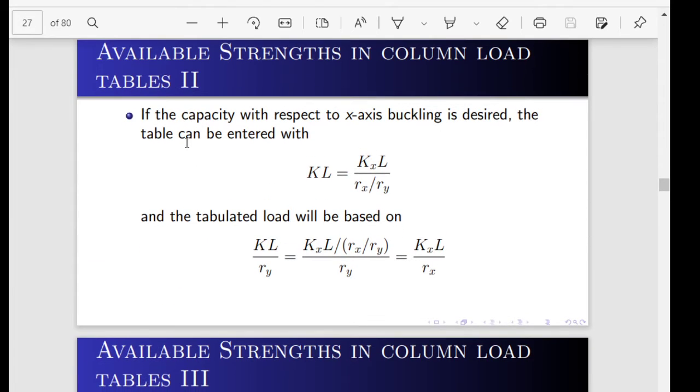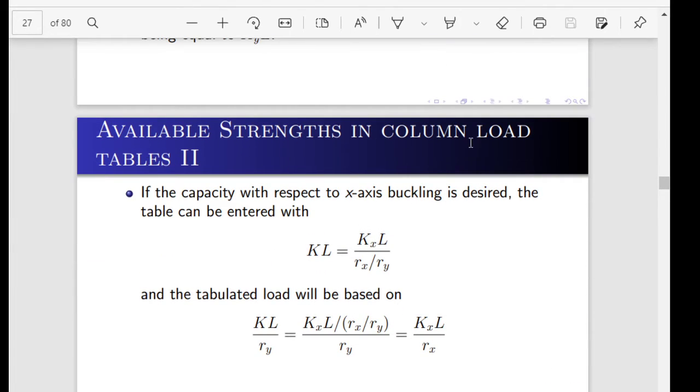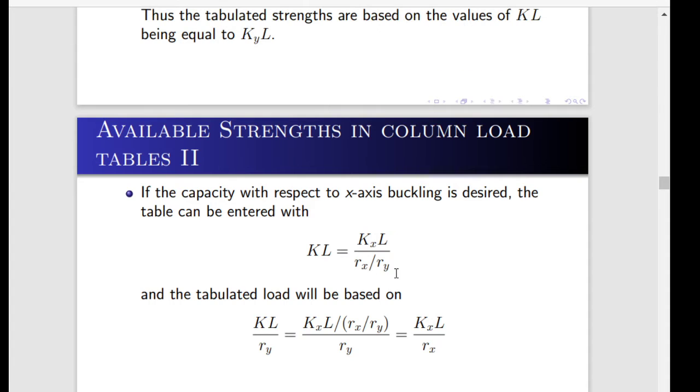But we also have the available strength in column load tables 2. If the capacity with respect to x-axis buckling is desired, the table can be entered with KL equal to KxL over the ratio of the radius of gyration with respect to x over the radius of gyration with respect to y.